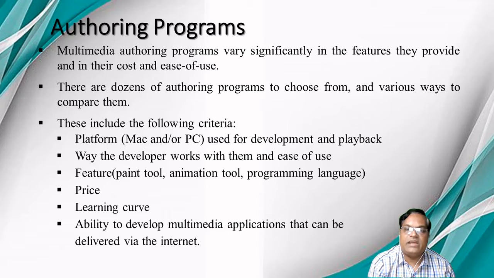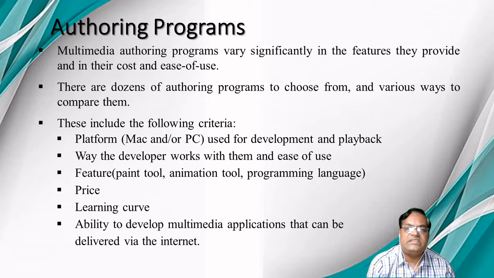How does the authoring program help us by providing different tools to include various features into the multimedia titles, and how much easiness is provided in the program? The third feature, you should look for a paint tool where you can do free drawings to draw a character or any pattern, or an animation tool where you can do different kinds of tweening animation, morphing animation.